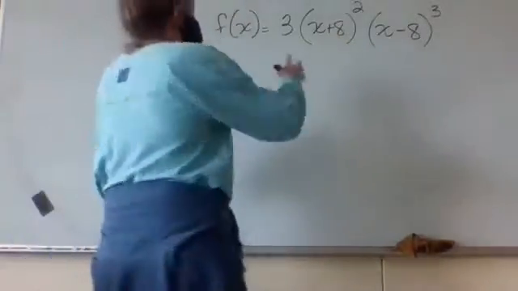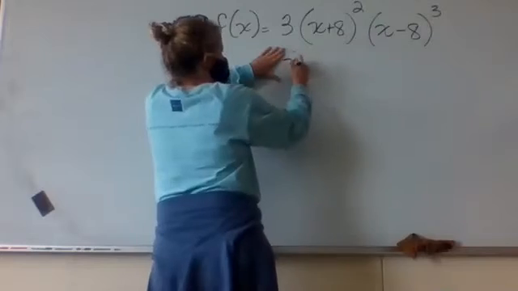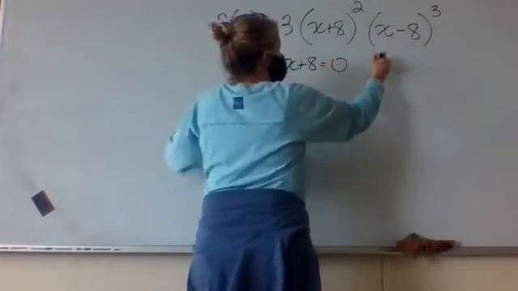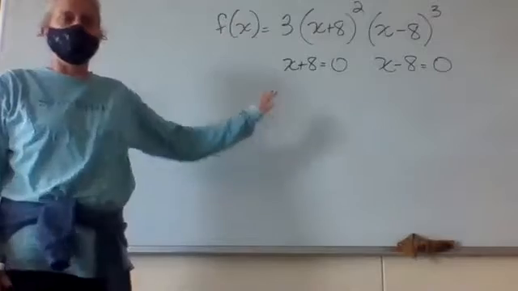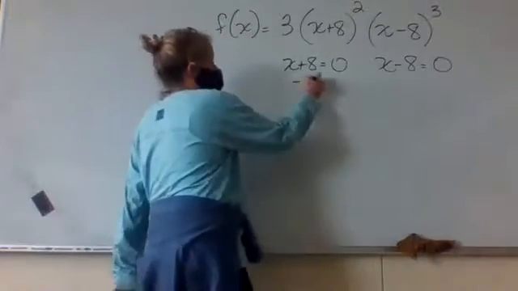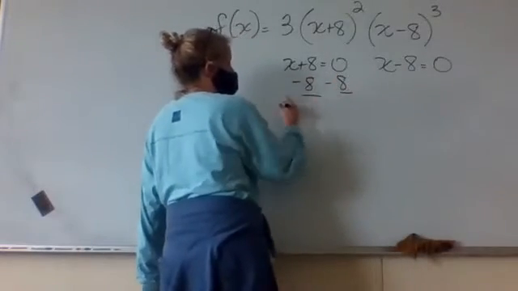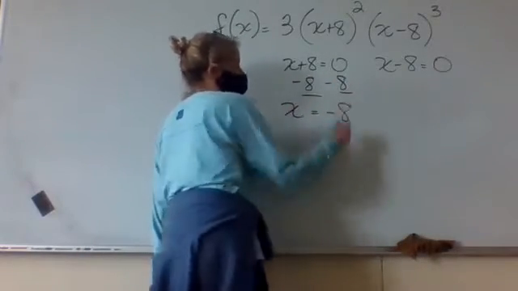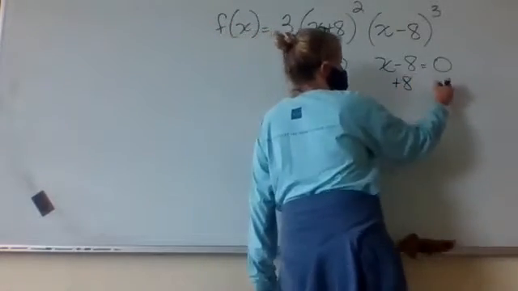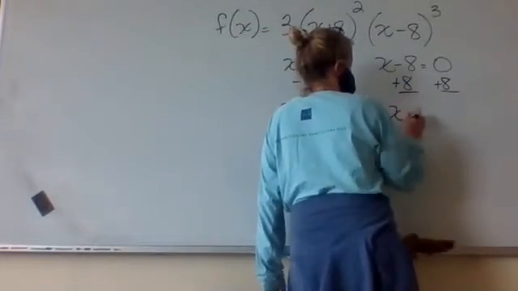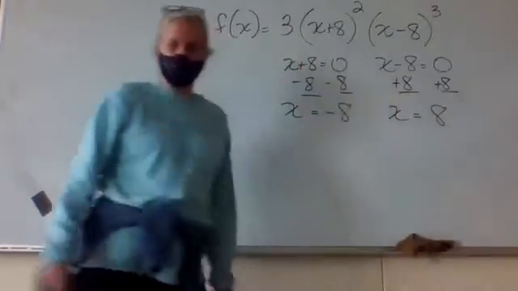So you would just find any factor that has an x and set it equal to 0, and then solve those equations for those x's, which just means you'll subtract 8 on this one to get x equals -8. On the other one, you would add the 8 to get x equals +8.